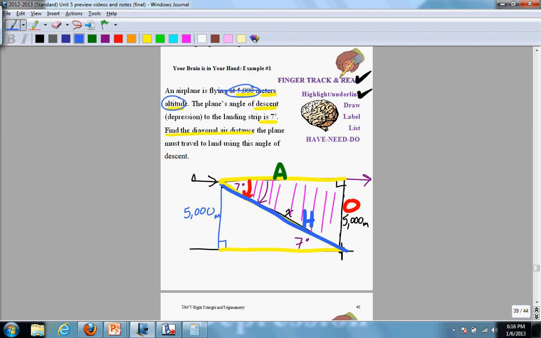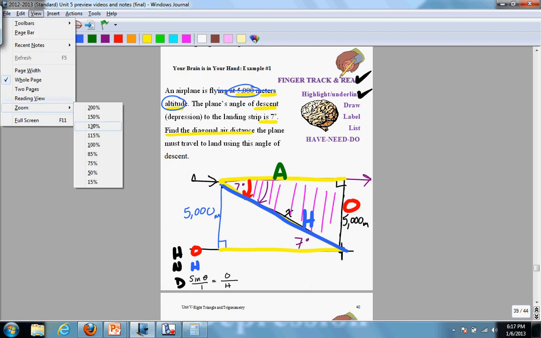Have, need, do. I have the opposite. I need the hypotenuse. I have an O-H combination, so what do I do? I'm going to use sine. So it's sine theta over 1 equals our opposite over hypotenuse.